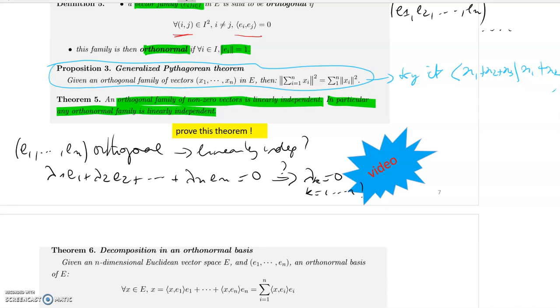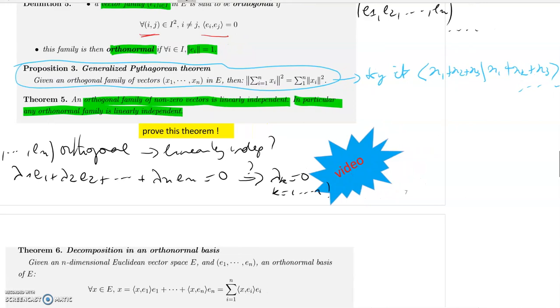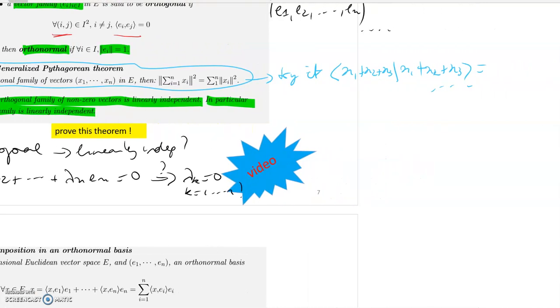Okay. What could we do? It's going to be a very common technique. All right, so let's look at that.